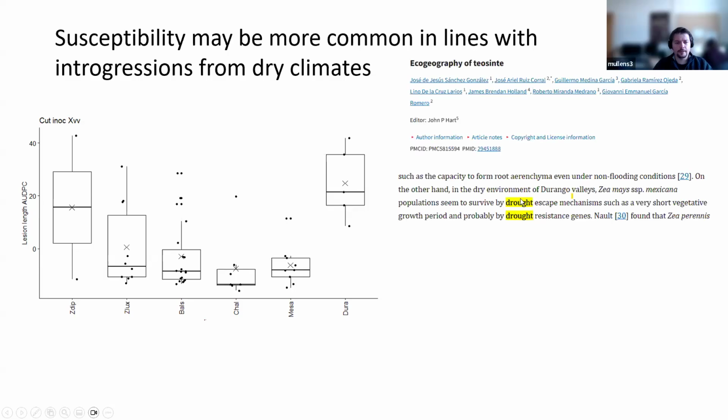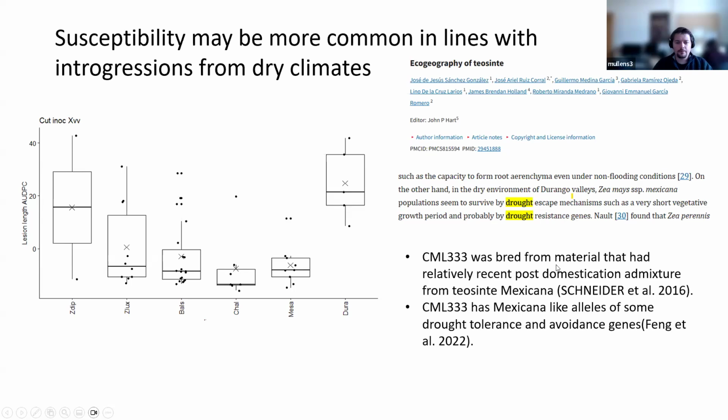And these are known to be especially adapted to drought environments and come from a very dry region of Mexico. This is interesting to us because CML333 was bred from material that seems to have relatively recent post-domestication admixture from Teosinte mexicana, and it actually has some Mexicana-like drought tolerance and avoidance genes that have been characterized previously.